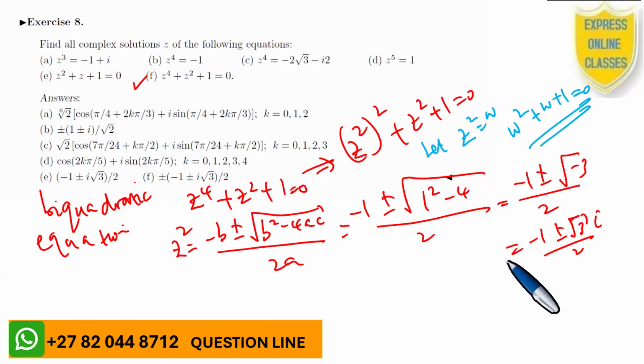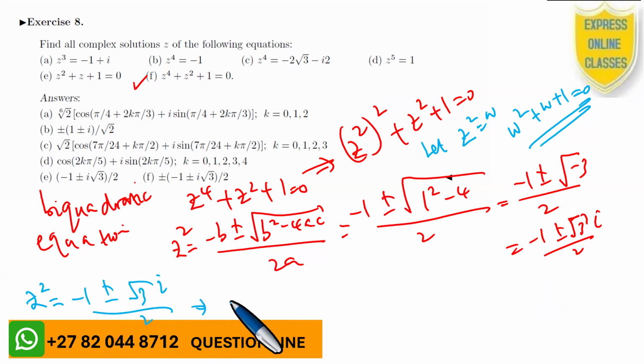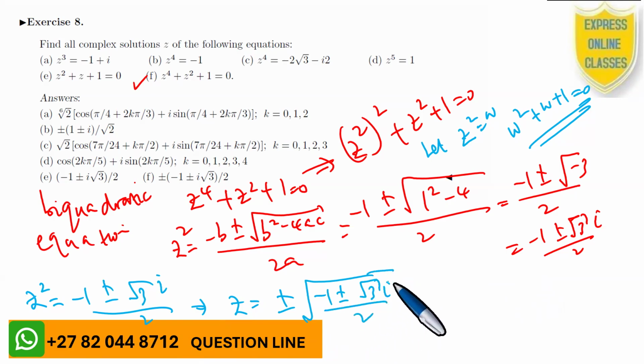At this point, now you have z squared equals minus 1 plus or minus the square root of 3i, divided by 2. So when you take the z, it's going to be plus or minus the square root of minus 1 plus or minus the square root of 3i, divided by 2.